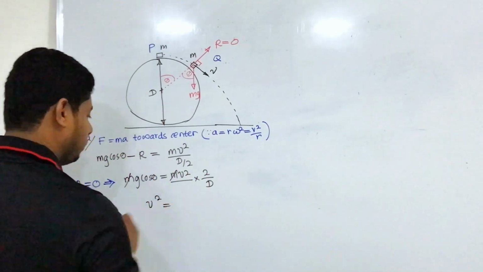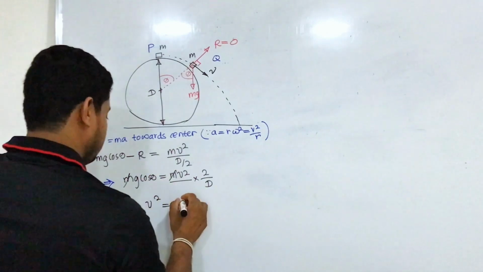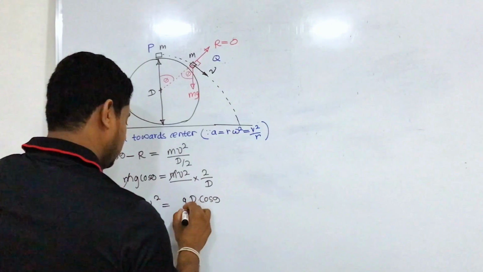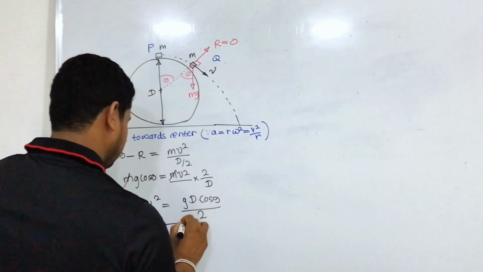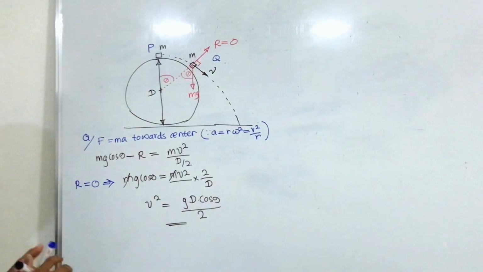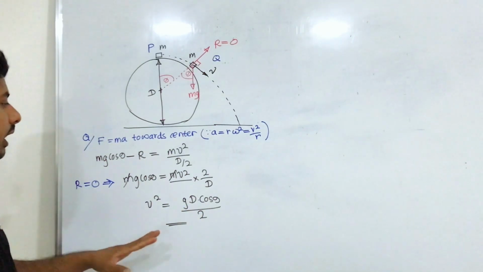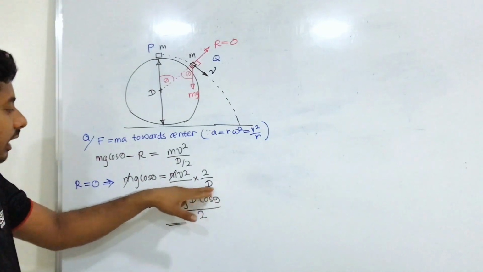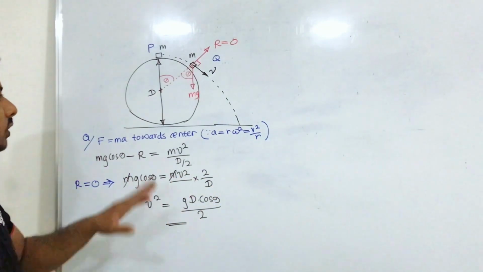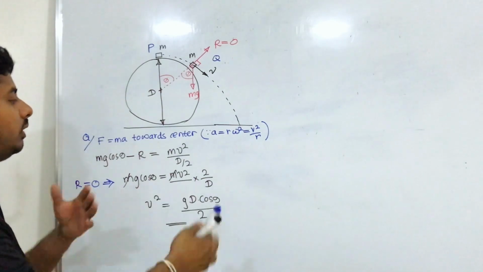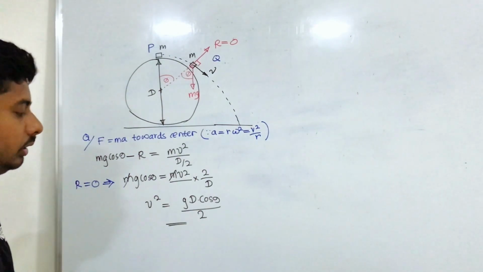So we have v square is equal to g d cos theta divided by 2. So this is the equation for v square. But the problem is, we do not have data regarding theta. It is not given data. So we have to calculate theta by using some other equation.